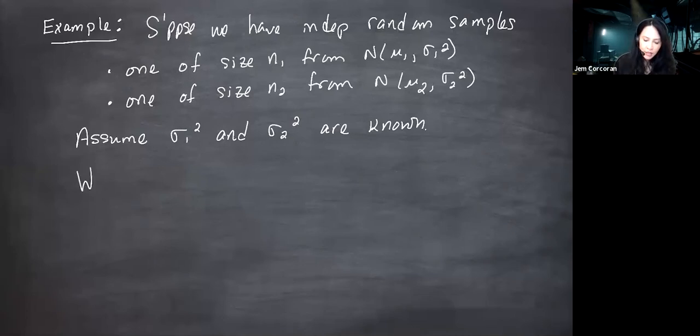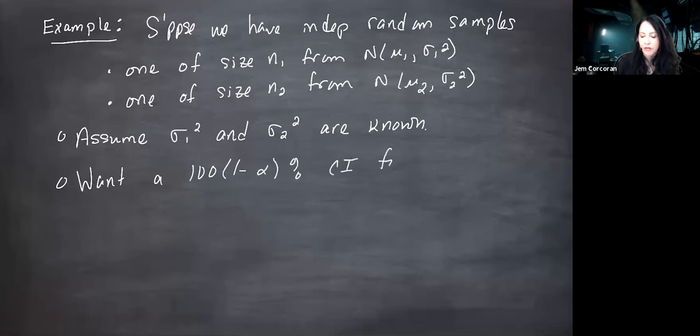And I want a 100 times 1 minus alpha % confidence interval for the difference between the true means, mu1 minus mu2.